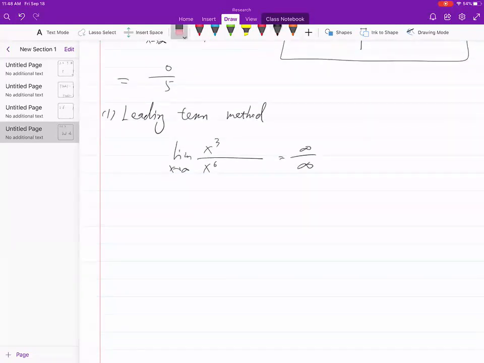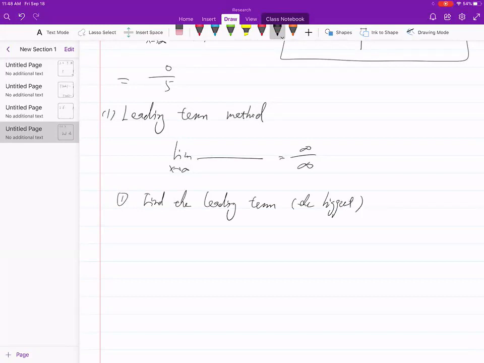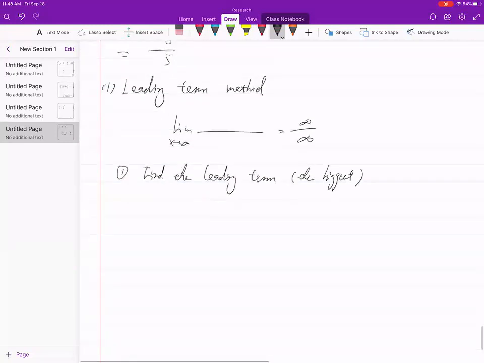Now the way to do it is quite simple. Number one, find the leading term. That means the biggest one. If the top has a big one and the bottom has a bigger one, go with the bigger one, as Nathan did. Then do the algebra.